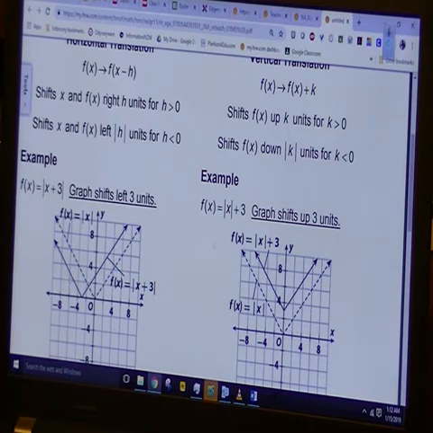Here we've got the absolute value in the dotted lines, and then it's going up 3 units. Everything went up 3 units. So that's inside, outside. Both of them have a plus 3, but you see how this one was shifted 3 to the left, and this one was shifted 3 up.